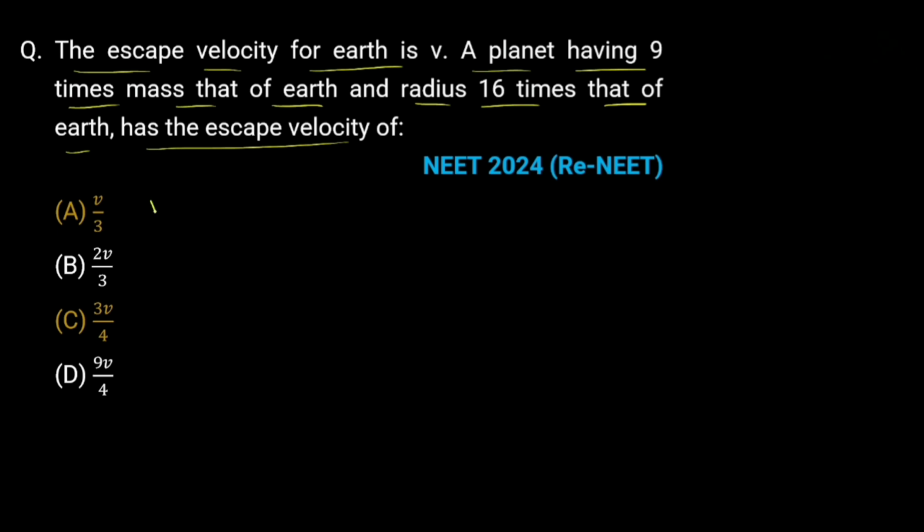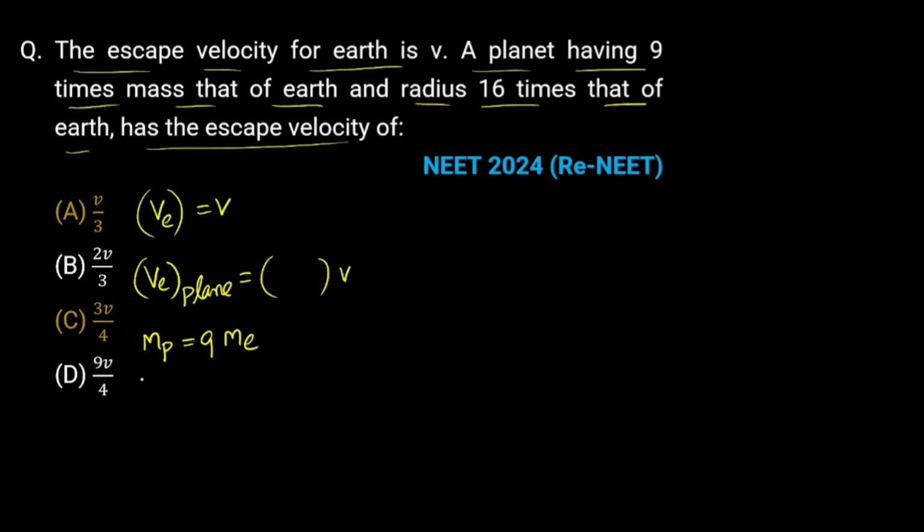It is given that the escape velocity of an object on Earth is v, and he is asking the escape velocity of the same object on the planet in terms of v. That planet has mass 9 times the mass of the Earth, and the radius of the planet is 16 times the radius of the Earth.